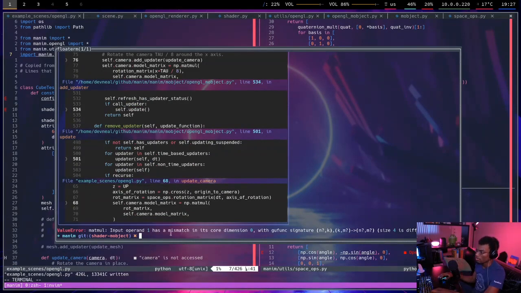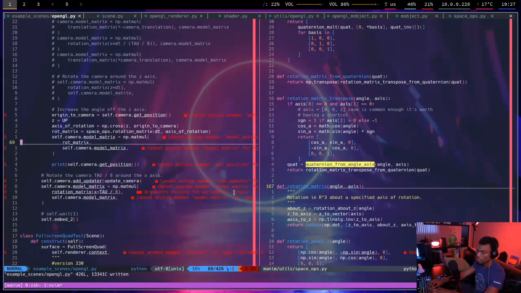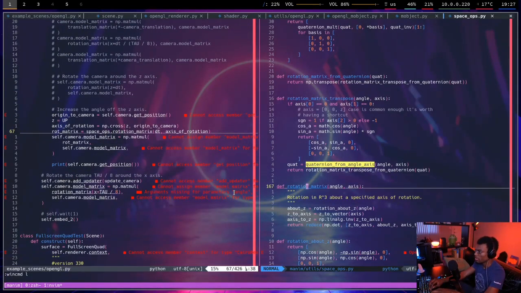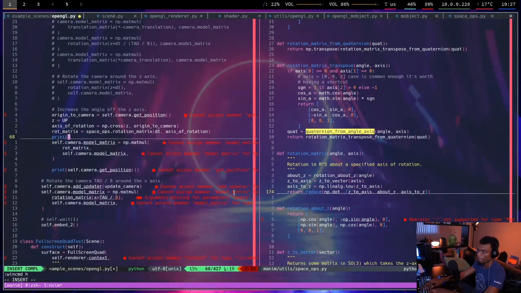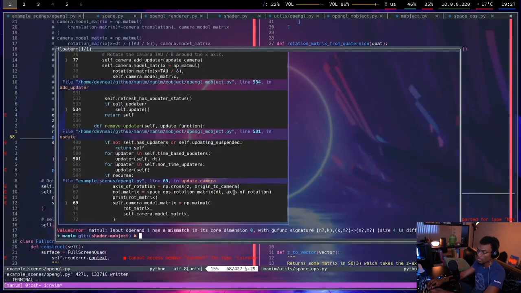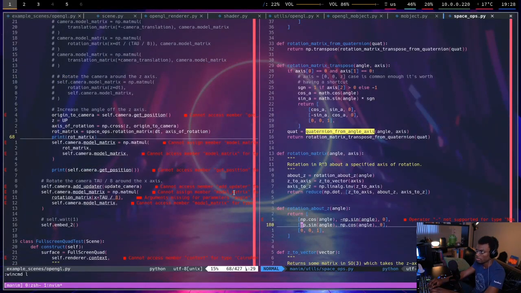Input operand 1 has a mismatch in its core dimension 0. What? What did it return? Rotation matrix. This is space ops rotation matrix. What does this return? Oh, this is a 3x3 matrix.